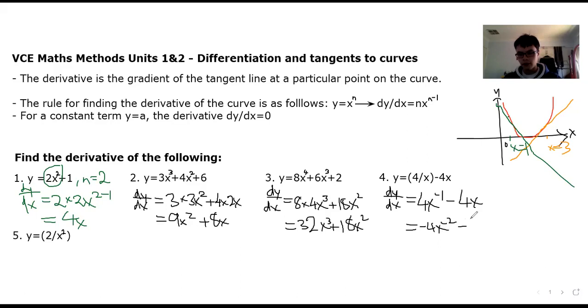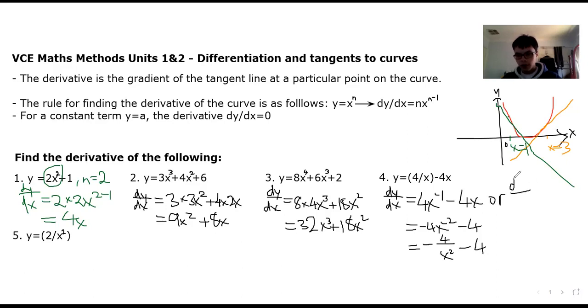And then we just have -4 there. Then we can put it back into a fraction again. So we have dy dx equals -4 over x squared minus 4. Or another way we could have a look at this is that we could do it this way.